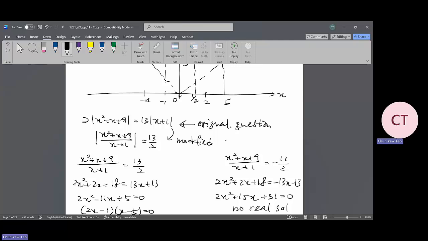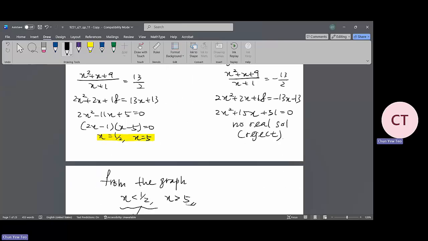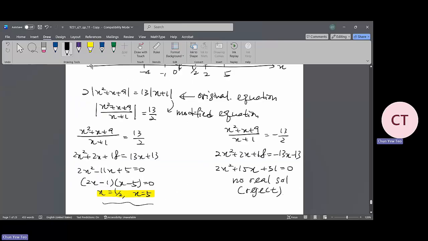Okay, maybe we don't say original question. This is the original equations. Then when you change into this form, this is the modified equations. So when we solve the answer, actually we are solving using the modified equations. So for the modified equations, actually your x cannot equal to -1.